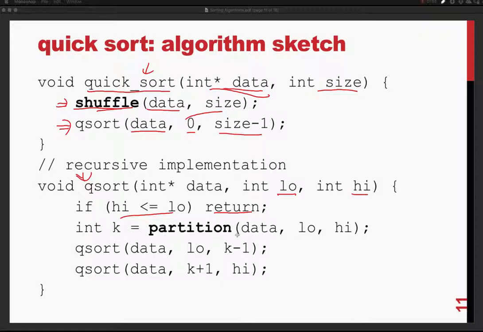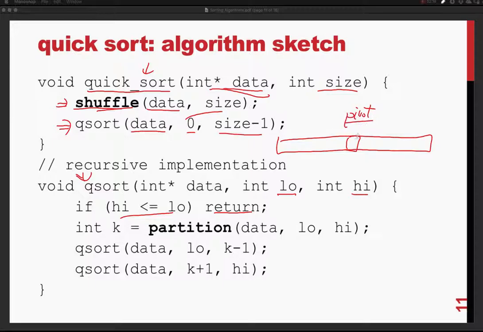Now, unlike merge sort, you spend some time in carefully partitioning one array into two. That is, a given array, we find a good value called pivot, and if this is to be the one in the middle of the value range, that would be best, but there's no guarantee for that anyway.